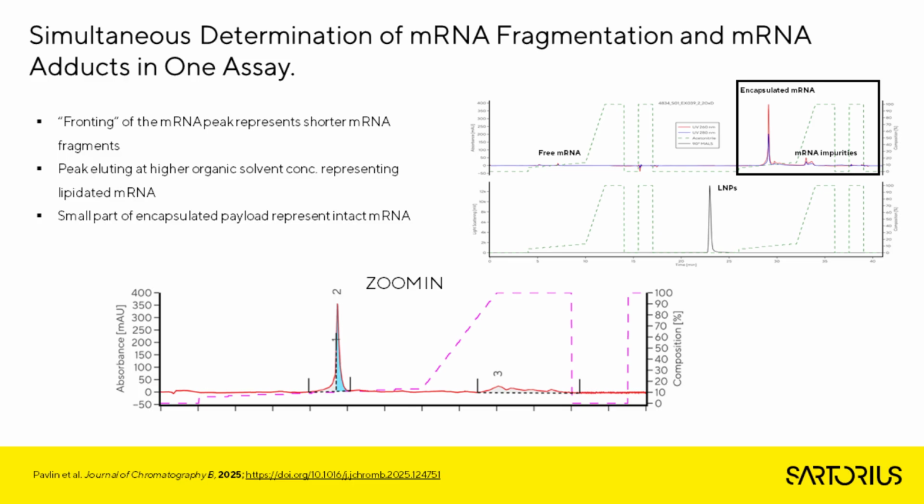So in the same assay, besides the amount of intact mRNA, we can determine the amount of fragments and lipid mRNA lipid adducts which are present in this LNP formulation.